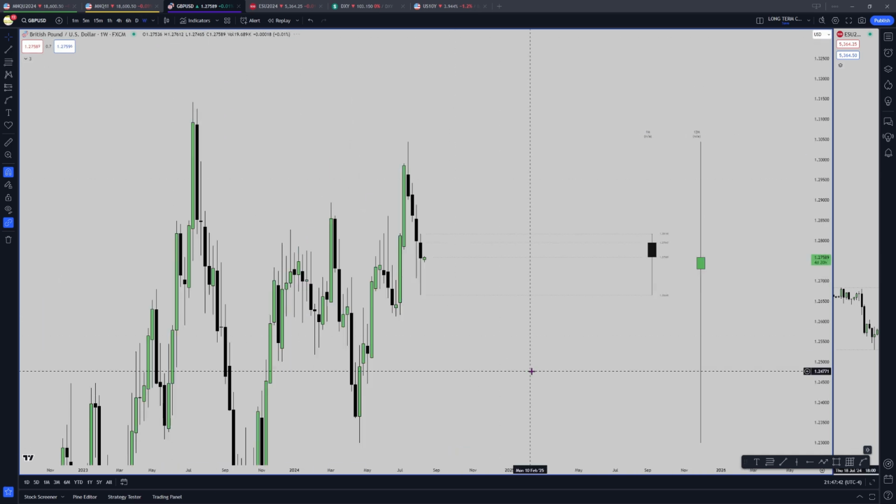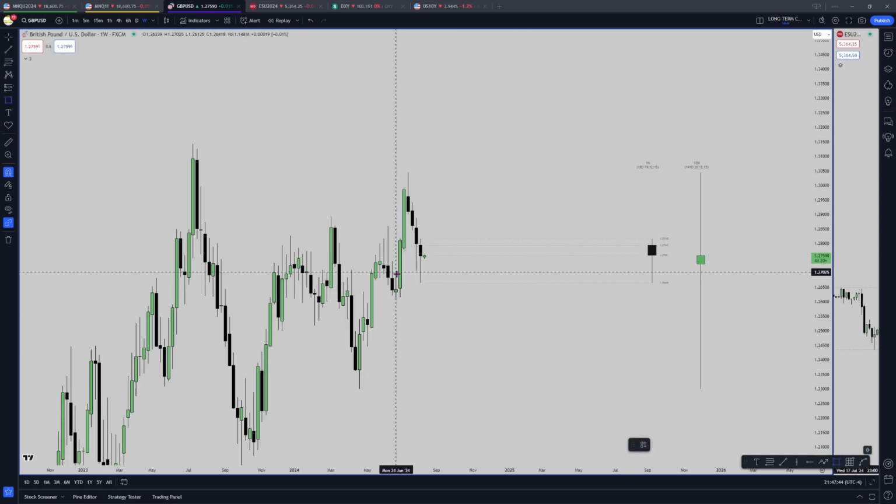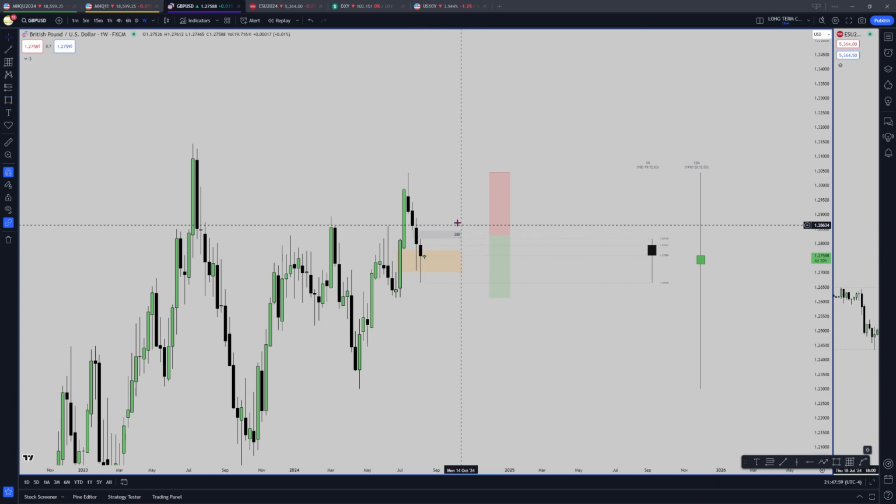I don't really trade Forex, but we are reacting off of this fair value gap down here, and we did sweep this low, so if we take premium discount, we have this fair value gap. So I feel like this could be a valid draw on liquidity, I can't lie. This fair value gap, since we're going from external to internal, this could be your next draw.